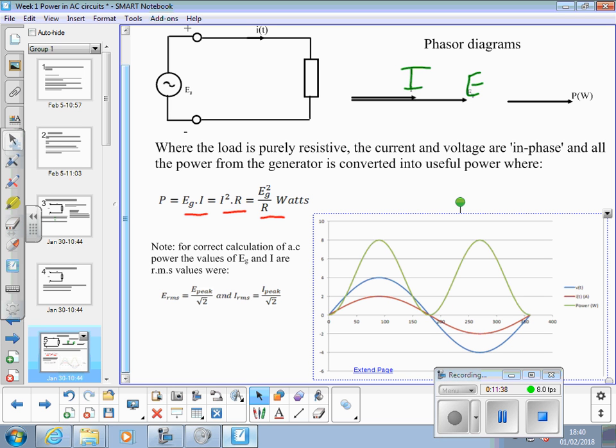And as you can see, with resistive load only, voltage and current are in phase with each other. They both cross the 0 volts line in the same places, and therefore we get power curve. It's not flat, that's lumpy, instantaneous power, but it's all above the horizontal line. It's all useful power.